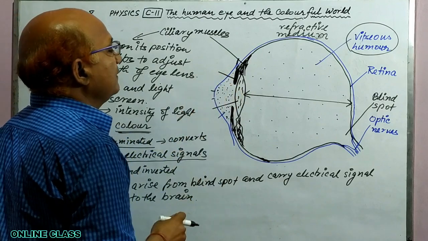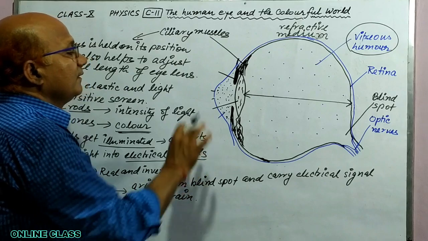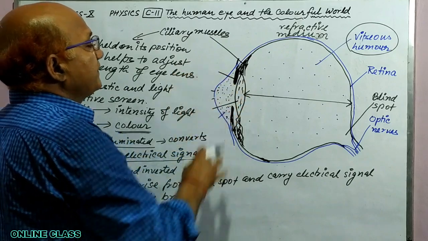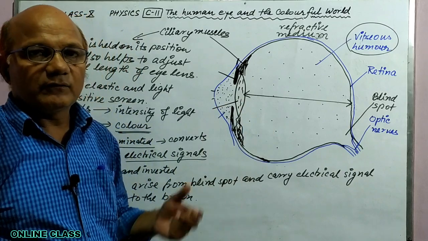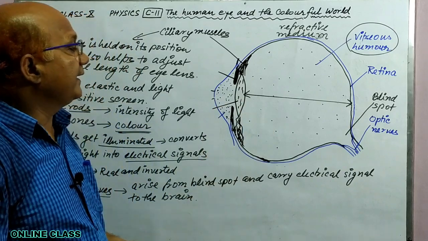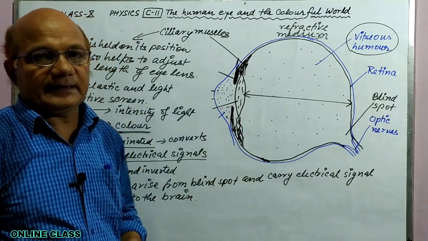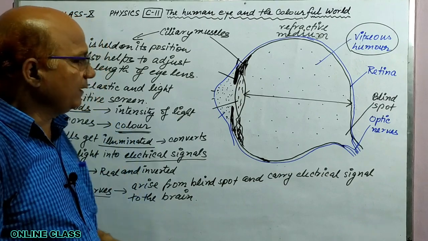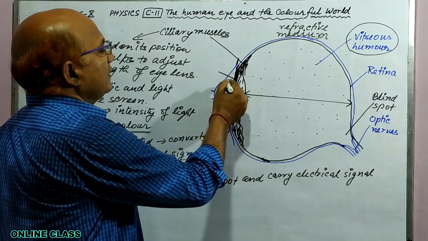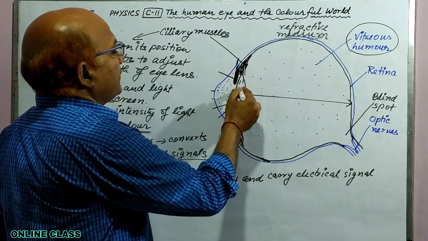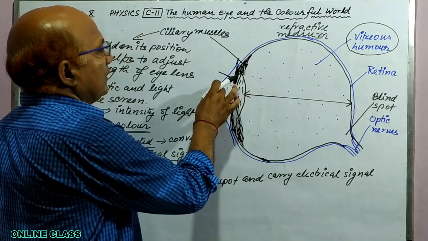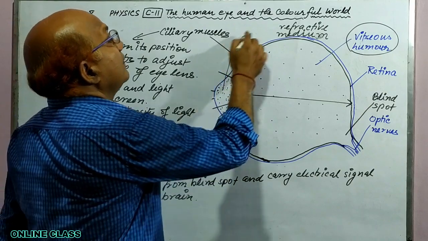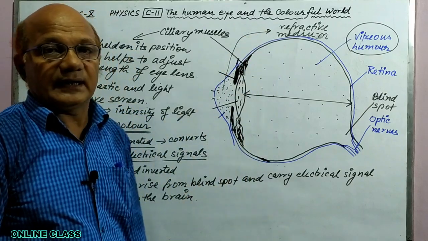This liquid helps prevent the eye lens from jerk, and it also acts as refractive medium. Okay. So, this liquid prevents the eye lens from jerk, and it also acts as refractive medium for the light.